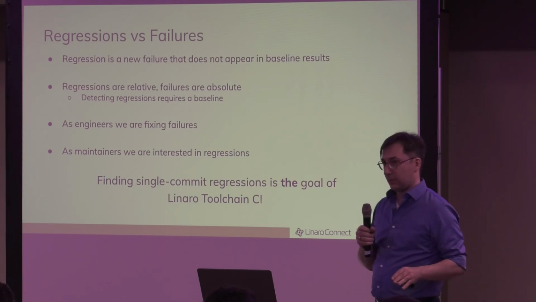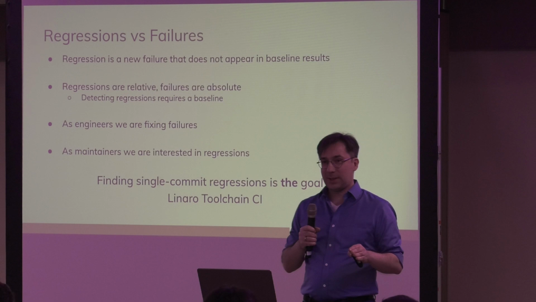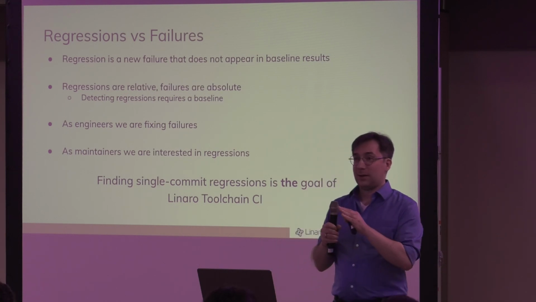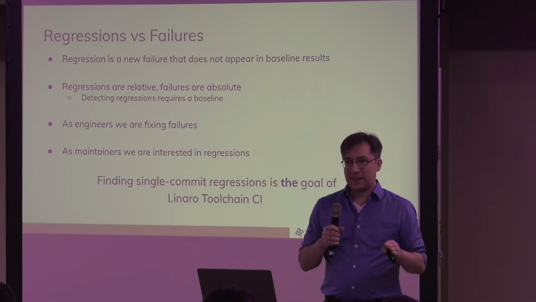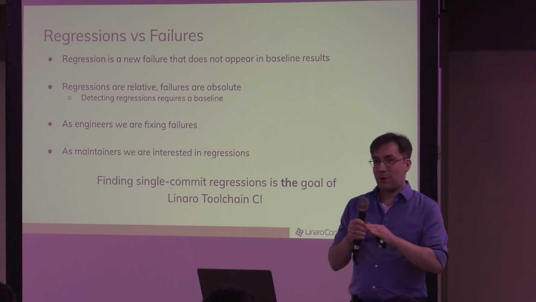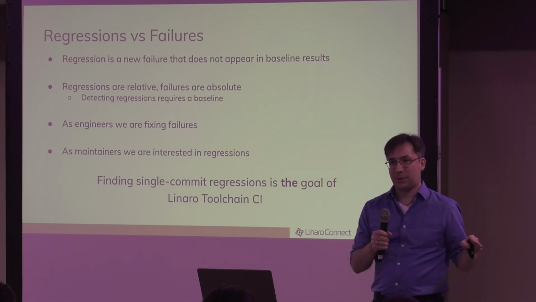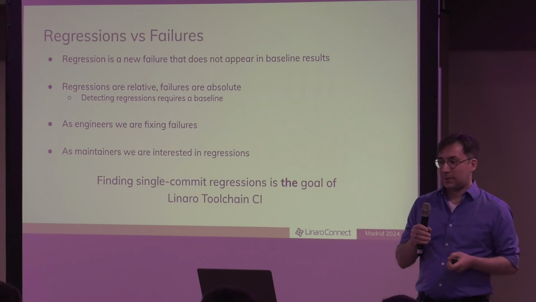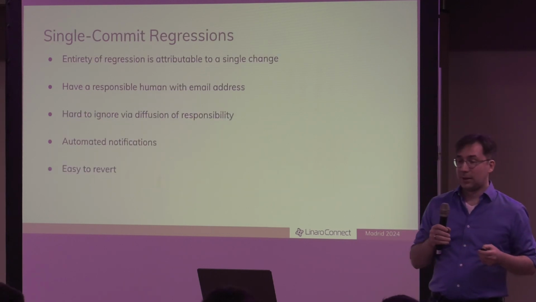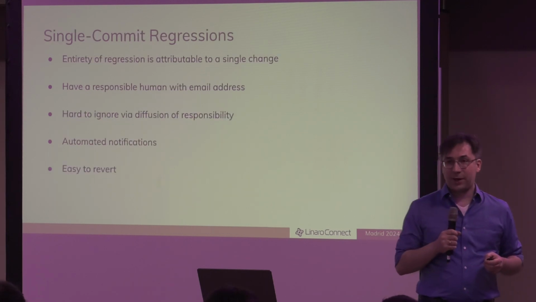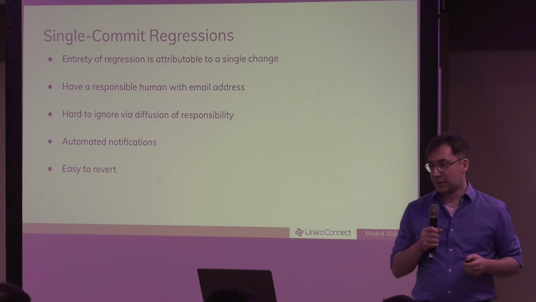That's all. The reason why it is single commits is because we as maintainers want to offset as much of the burden of fixing problems to other people. And single commit regressions have very nice properties.